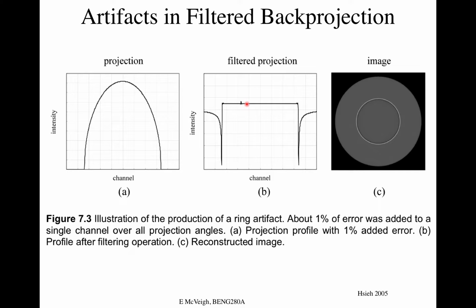But if it's on every view, something that doesn't change as we go around, and we take say 800 views, that 1% difference is there in 800 views. When you back project it, it comes back as a ring in your image. Quite a visible ring. So that's what happens with a 1% error.